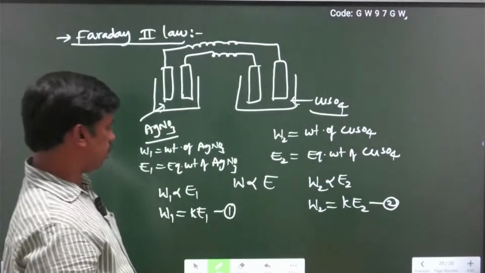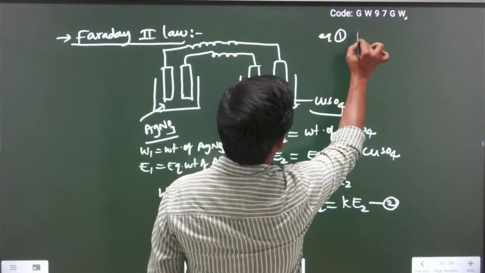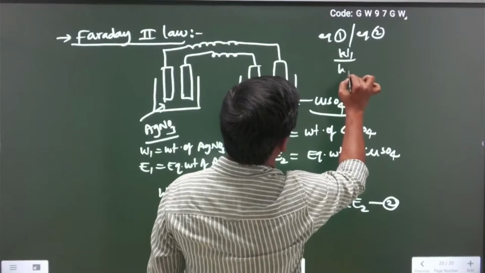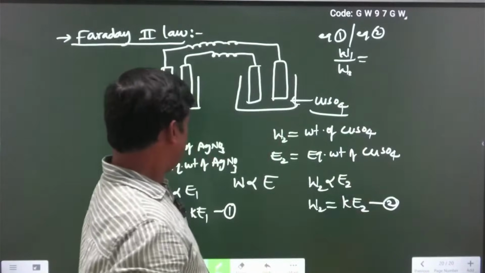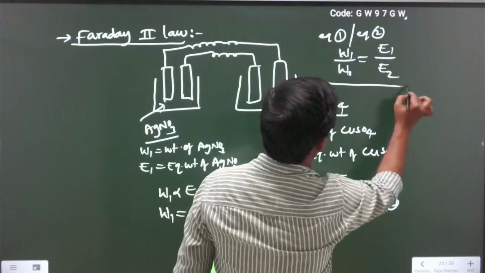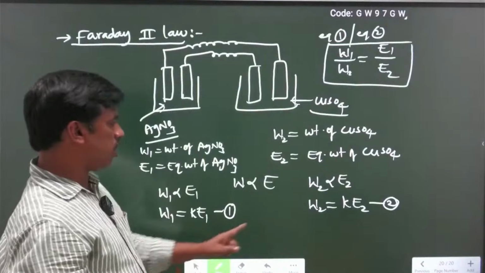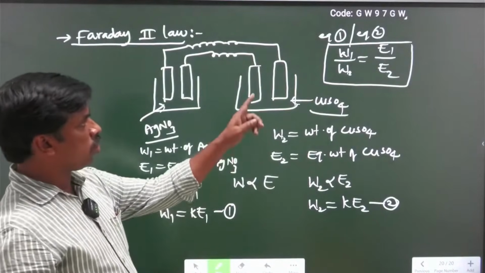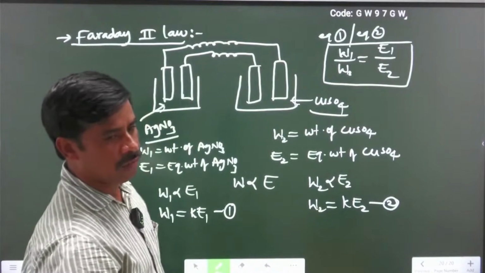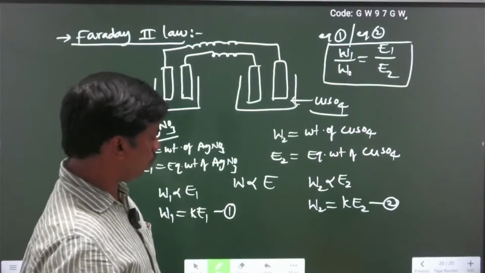Dividing equation 1 by equation 2, K cancels, and we get W1 by W2 equals E1 by E2. This is the final equation, Faraday's second law: W1 by W2 is equal to E1 by E2.